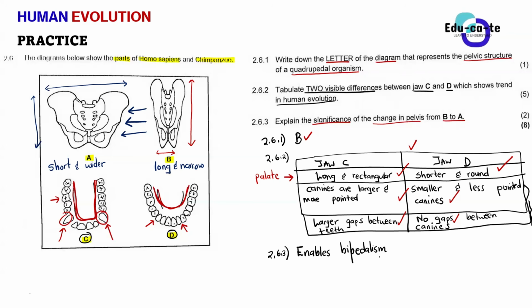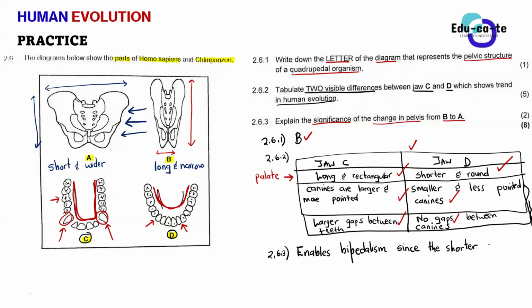It enables bipedalism. Okay? Now, why do you say that a short and wider pelvis allows bipedalism? It is because the short and wider pelvis can support the upper body structure. That is the whole main point.